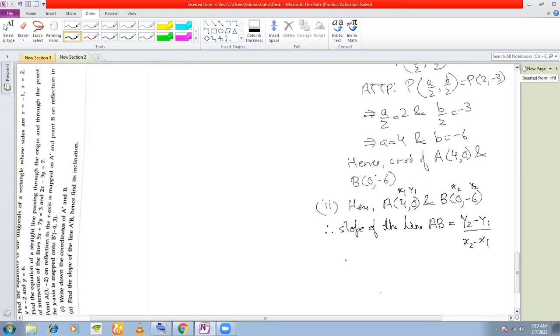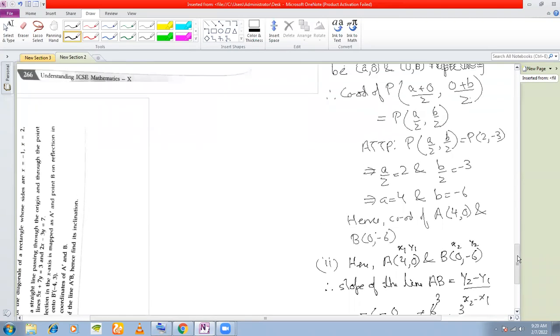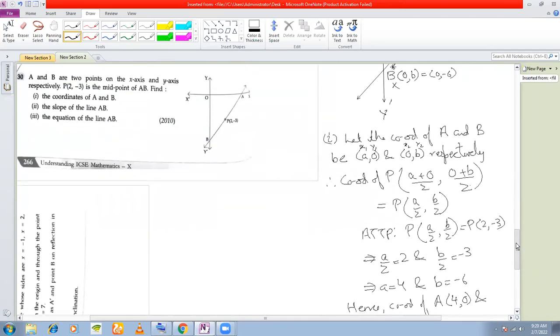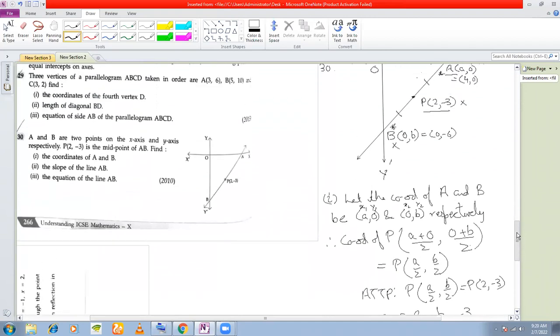Simply put the values here. y2 is minus 6, y1 is 0, divided by x2 is 0, and x1 is 4. So you get minus 6 by minus 4. So this cancels. You get 3 by 2 as the slope. Okay, that answers the second question. Okay, let's see the third question. Equation of the line AB.